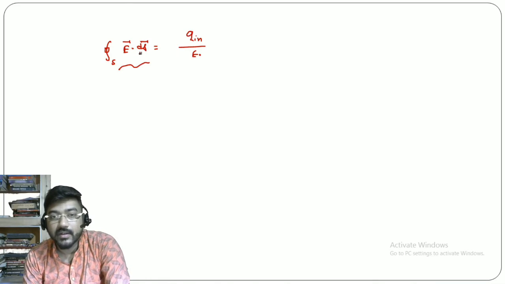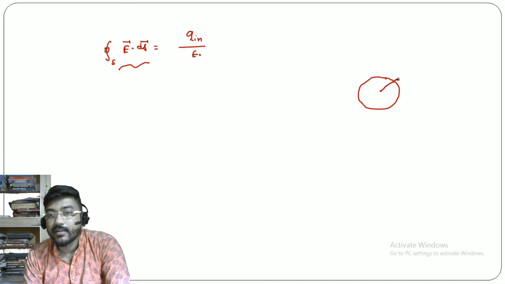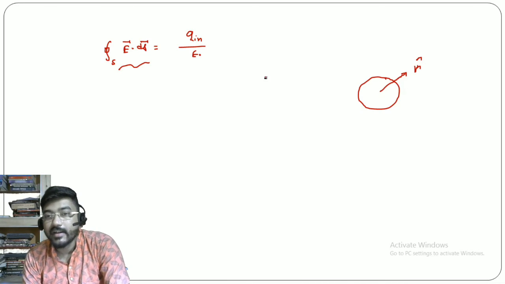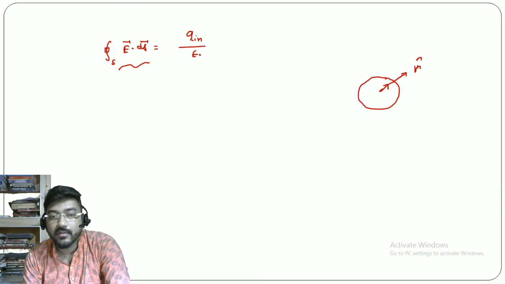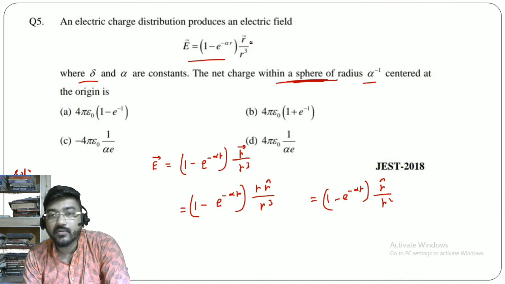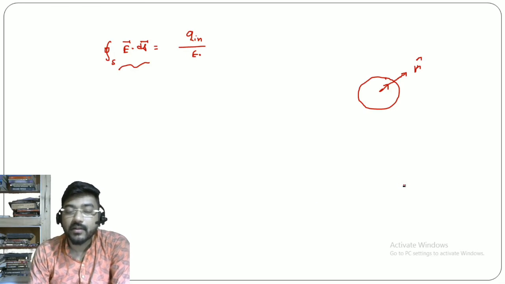So what is E dot ds? For a sphere, the ds vector is along r cap, and here the electric field is also along r cap, according to the question. So we can easily find the electric flux.